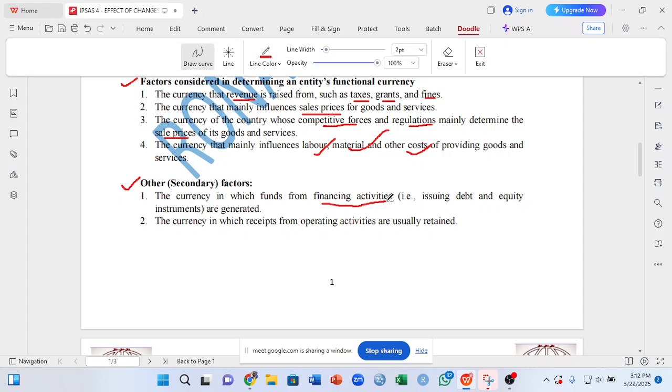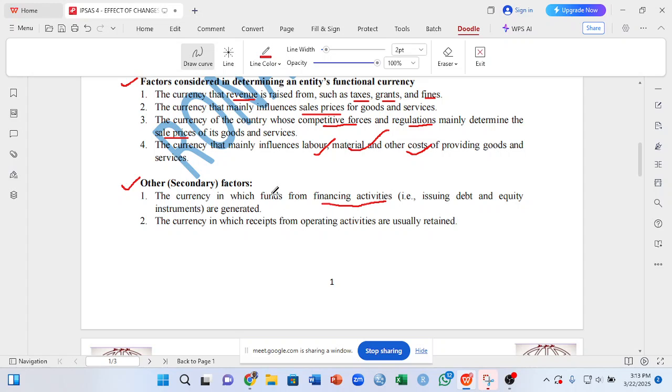When we talk of financing here, we are looking at money you use to finance your operations as a firm. That's what in the statement of financial position we mostly term as financed by. The financed by section looks at how you finance your entity. And when we talk about financed by, I'm basically talking about two major things: your debt and your equity.